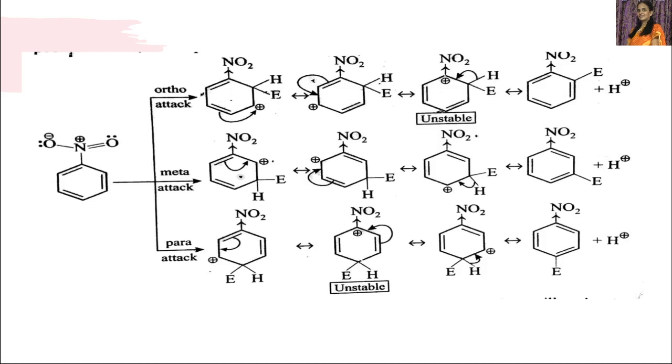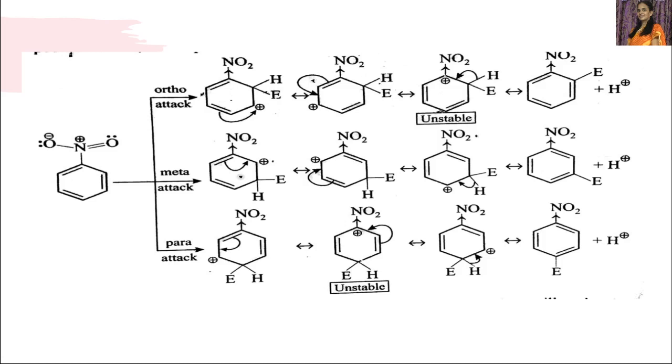Now if the pi bond electrons move this side, in between these two carbons, the positive charge will be on this particular carbon where the NO2 group is attached. So this is unstable, because the positive charge is present on the carbon to which the nitro group is attached.